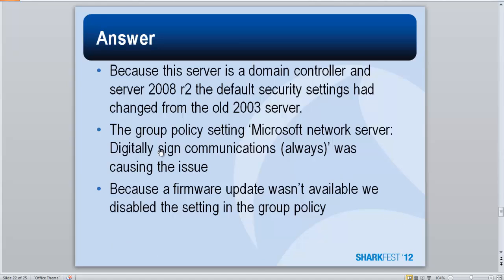Our poor little scanner, being from the old days, didn't understand digital signatures for SMB communication and didn't know how to participate with the server. The server took a very hard line and said, if you don't communicate with digital signatures, then I don't really want to talk to you all that much.